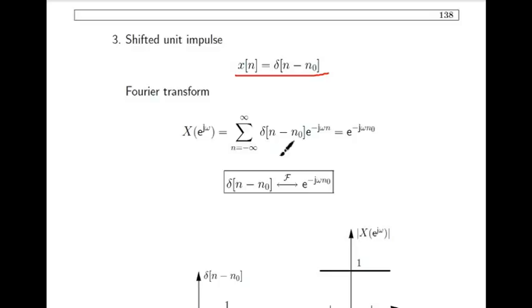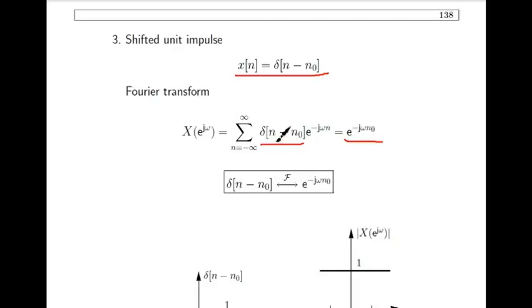There are two ways to solve this equation. One method is just like the unit impulse, where delta of n minus n naught is valid only for n equals n naught. So if I put n equals n naught here, the delta function will be 1 and e to the power minus j omega n naught will remain.